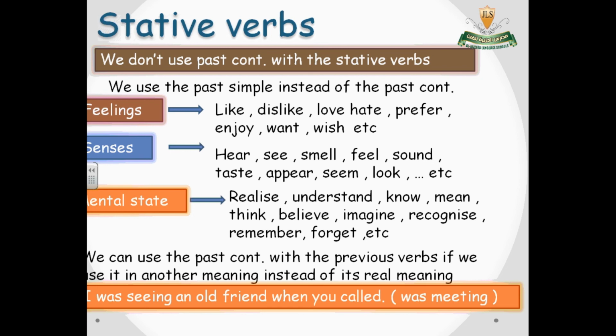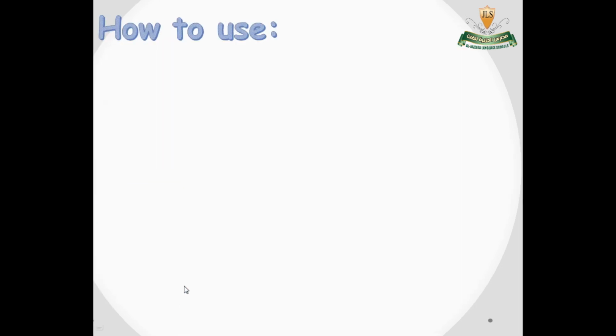Does it mean here seeing? No. It means when I was meeting an old friend when you called. So I put here seeing, but it doesn't mean the real meaning. In this way, it's okay for me. I can use it. Okay? How to use it?